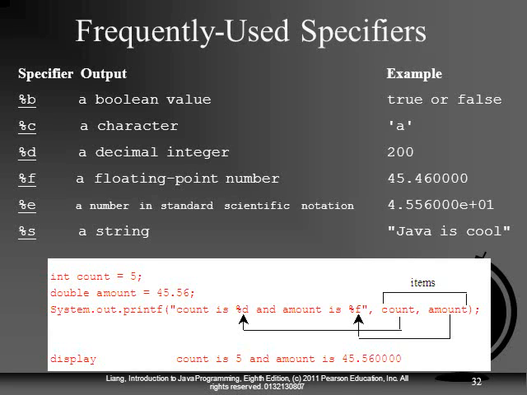So the items that we're going to print must match the specifiers by data type and in order. Right? So they must be the exact type. If your specifier is %f or %e, then your item must be a float or a double.